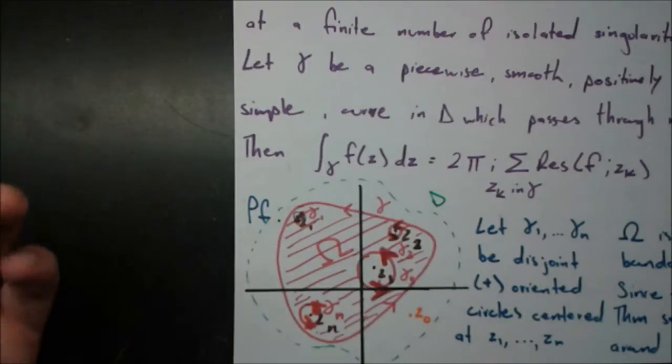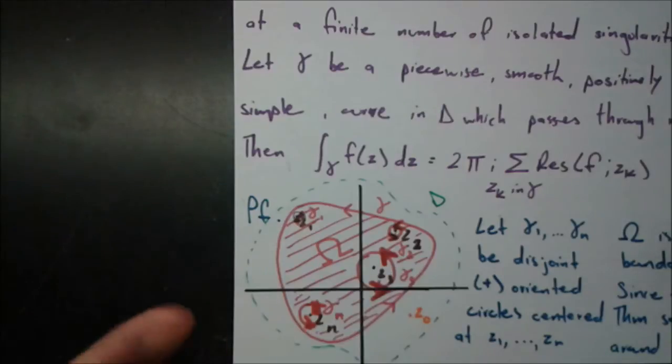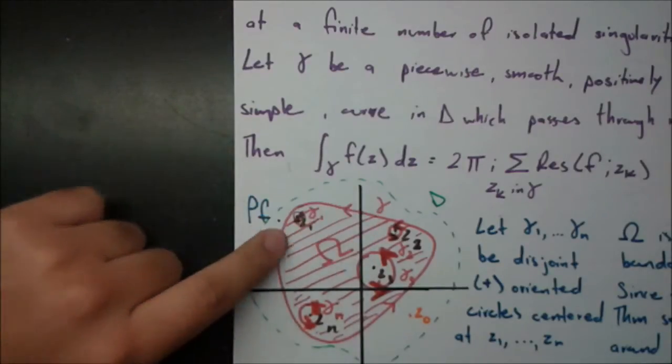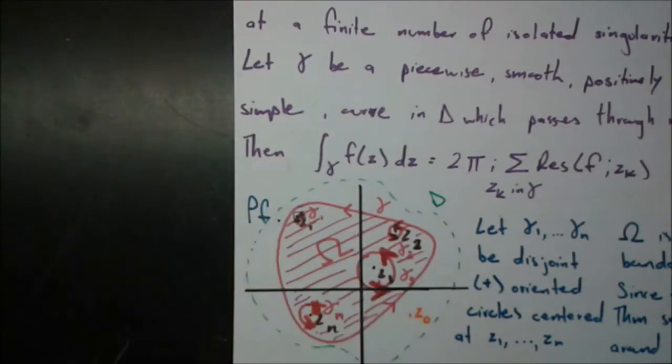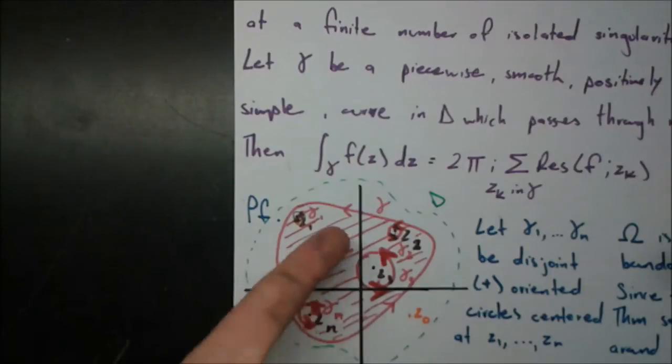You have to make sure that no matter which curve you're traveling on, you're always keeping omega to your left. Which means that if you travel around gamma, this is fine, you're going counterclockwise. But if you travel around any of these circles, now you have to switch the orientation. You have to go clockwise, because by going clockwise, you're keeping omega on your left.